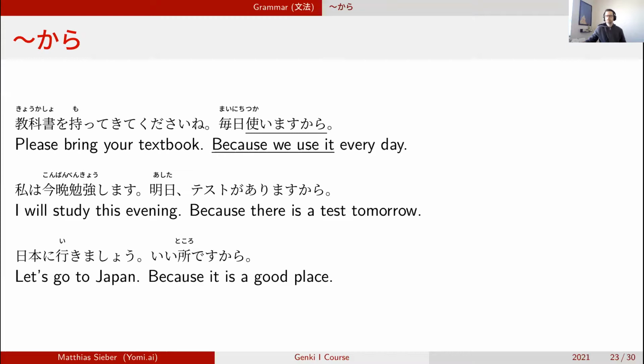So could I say something like ケーキを食べましょう。おいしいですから。Oishii desu kara. Okay. Let's eat cake because it is delicious. Very good. Absolutely.